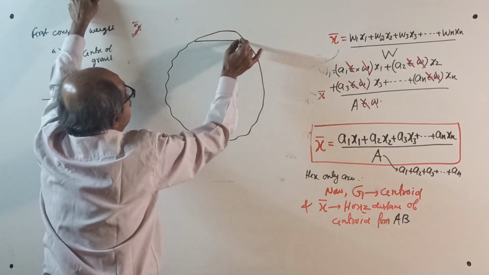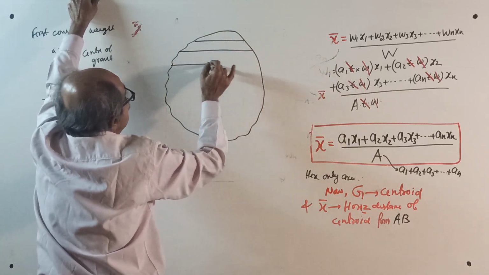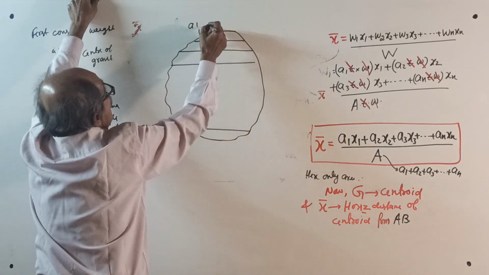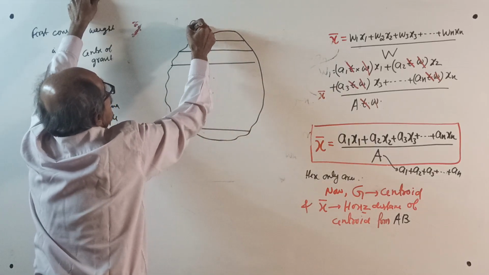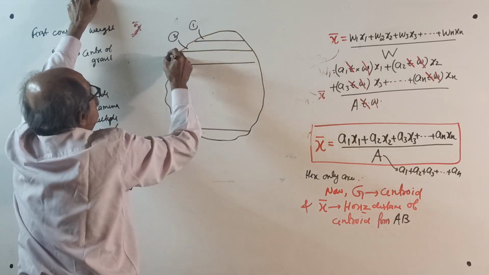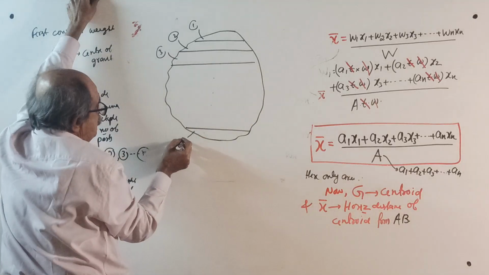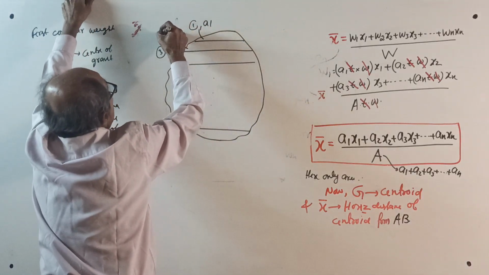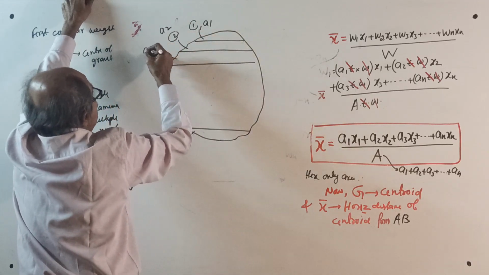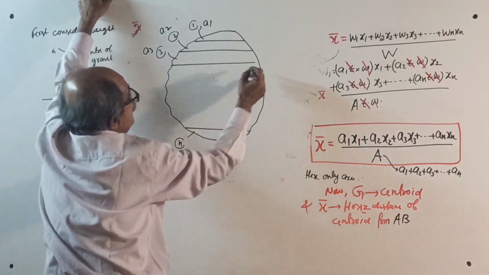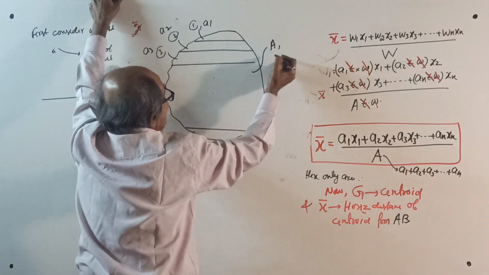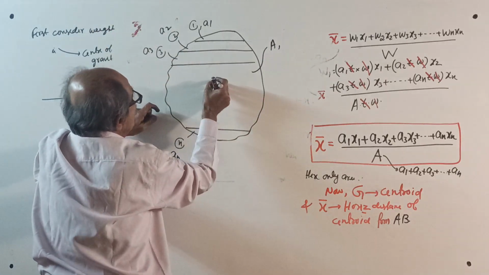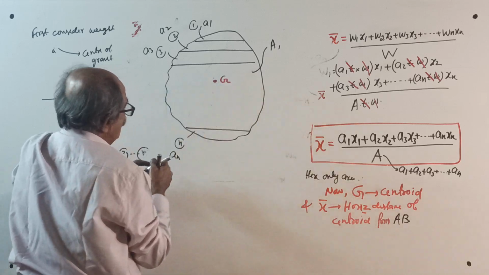Divide it into different parts this way: part 1, part 2, part 3, part N. Then the areas are A1, A2, A3, An, the full area is A, and the centroid is here.